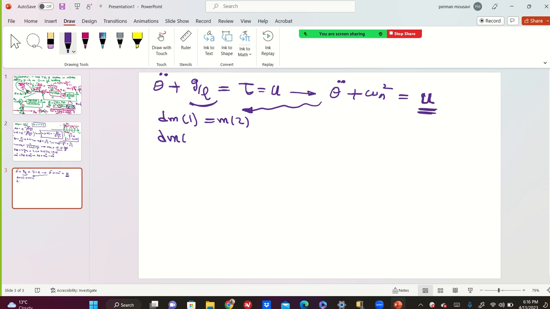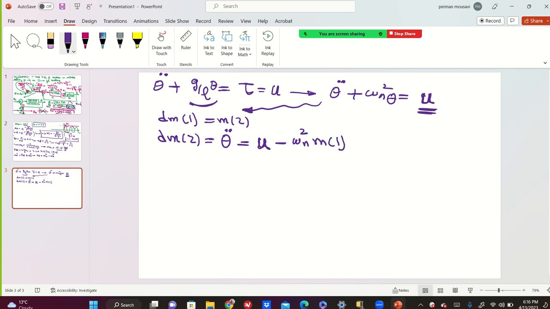So dm2, which is theta double dot, is U controller minus what? Minus omega n squared m1.